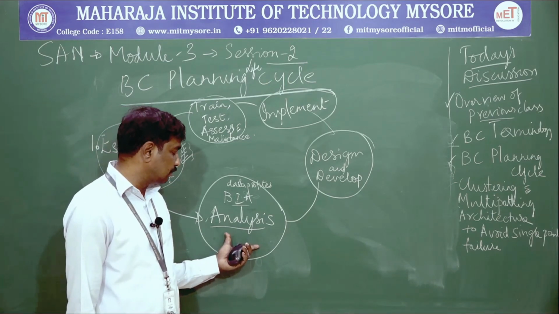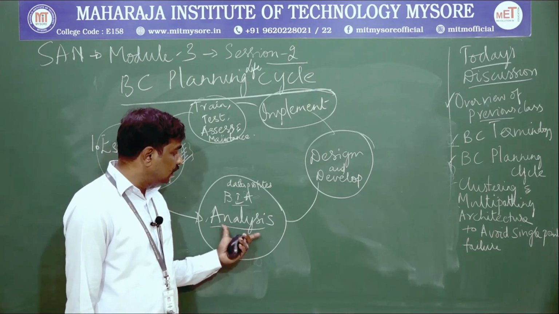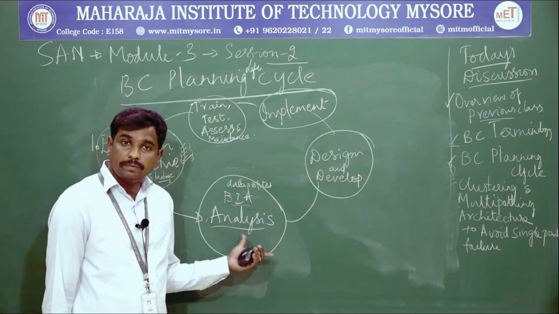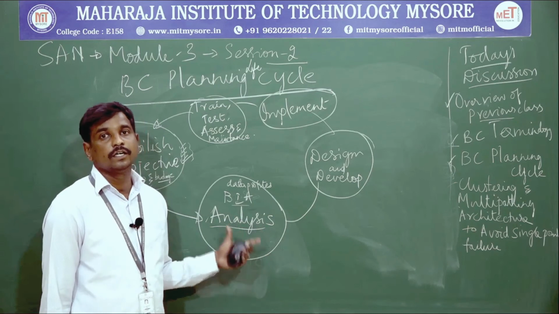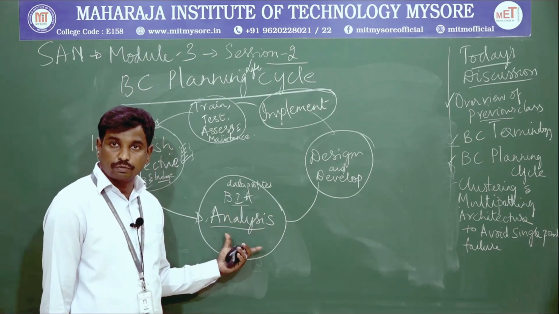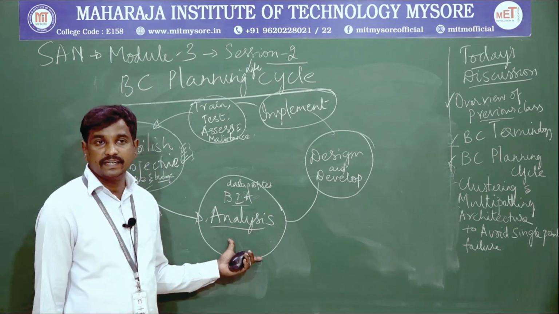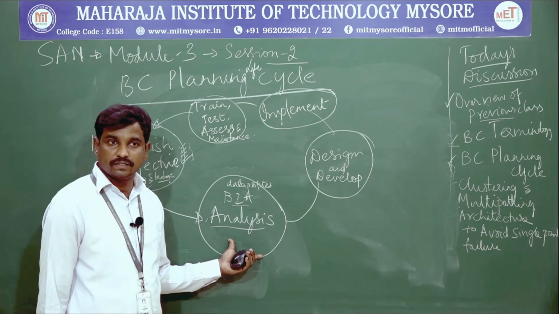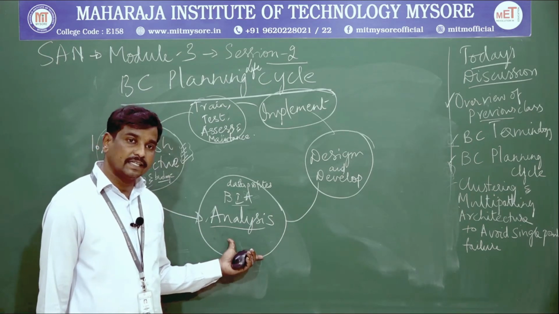Mitigation strategies means that if some error occurs, we need to recover things immediately. For that, how much time it requires for recovering from any errors should also be considered in a recovery analysis. We also need to do a cost benefit analysis.